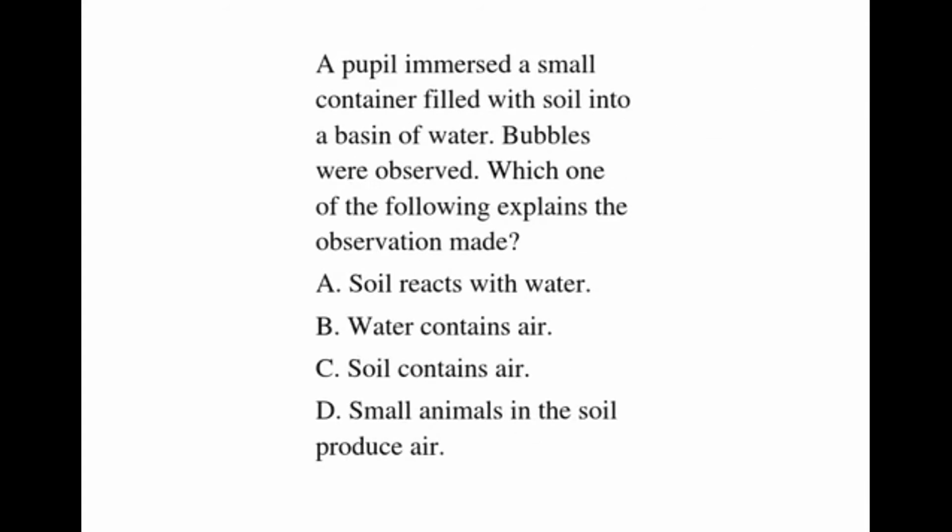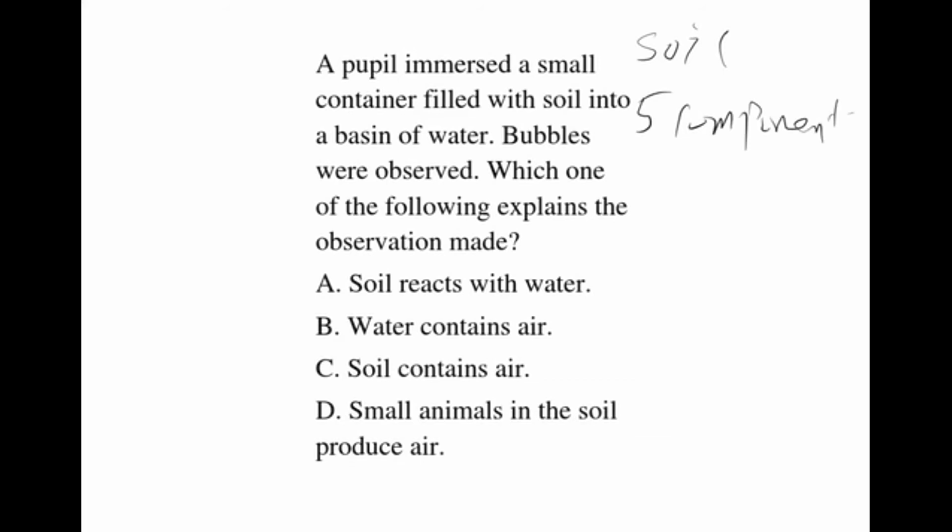We immerse a small container filled with soil into a basin of water. Bubbles were observed. Which one of the following explains the observation made? When you look at it, the experiment is trying to determine the components of the soil. So soil is made up of 5 components.